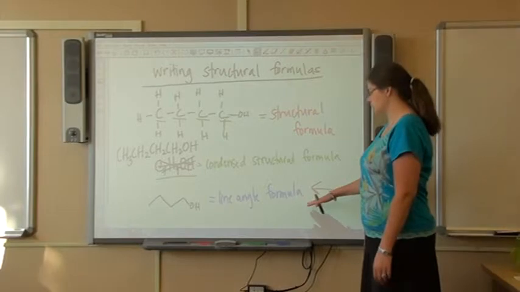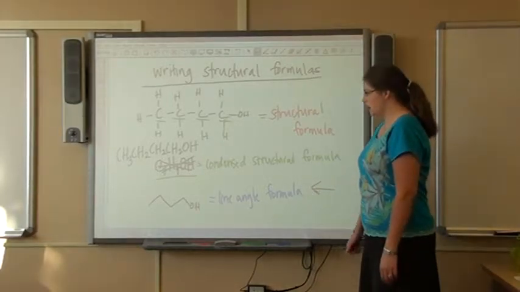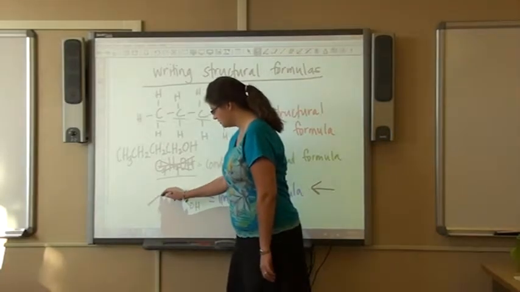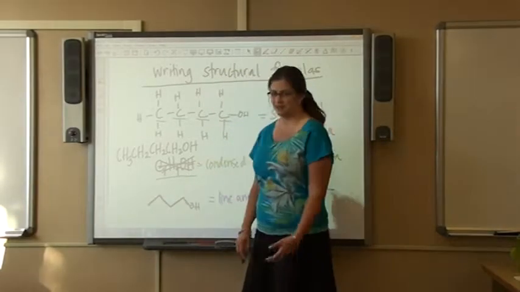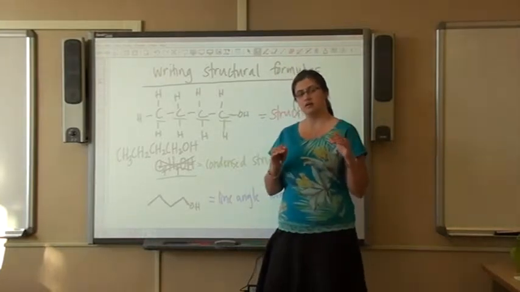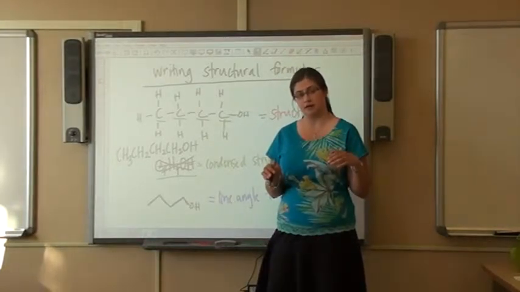So this is what the line angle formula looks like. Basically, in the line angle formula you have lines and angles. And each of the lines represents a carbon-to-carbon single bond.